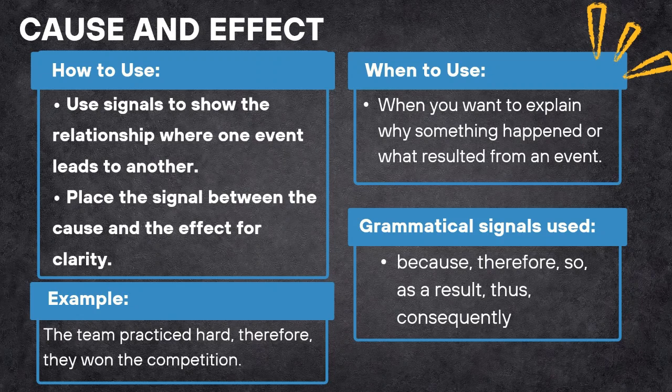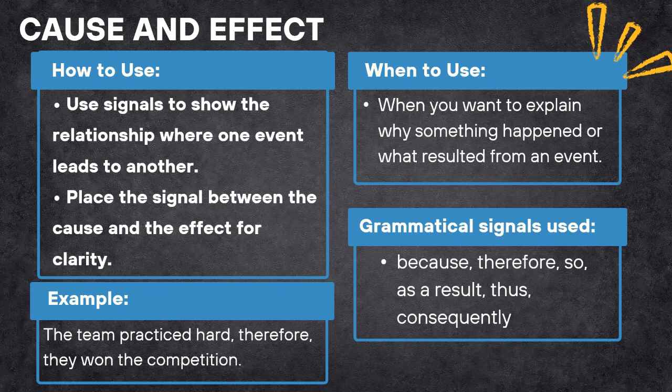So when to use this pattern? When we want to explain why something happened or what resulted from an event, we use the cause and effect pattern. So take note that when writing the cause and effect pattern, we must use the appropriate grammatical signals like because, therefore, so, as a result, and etc. to let the readers understand easily and highlight what's the cause and the effect.